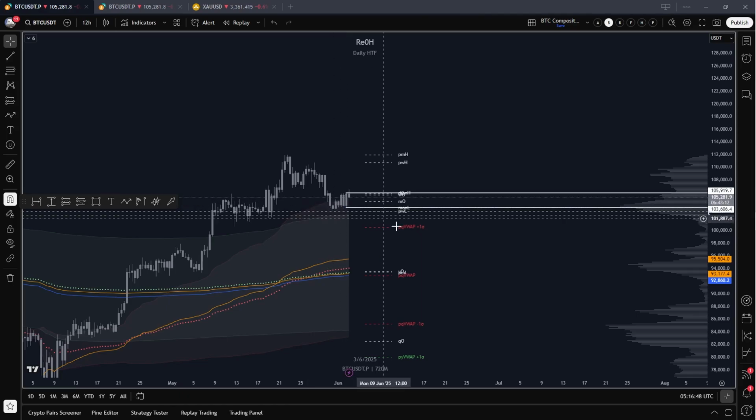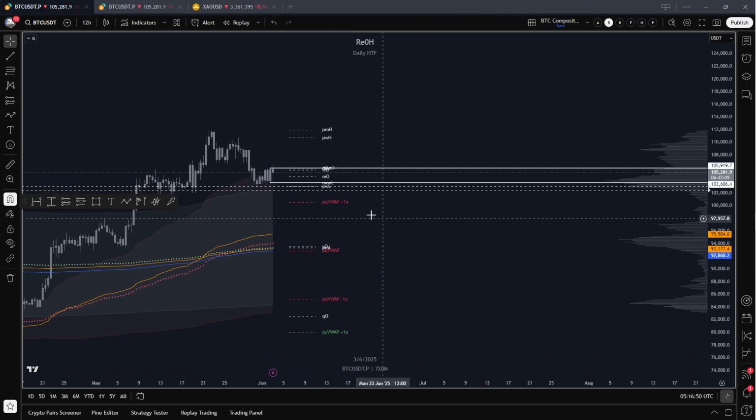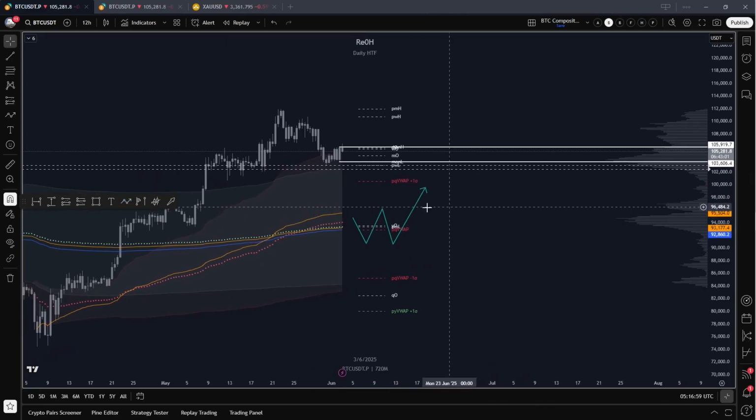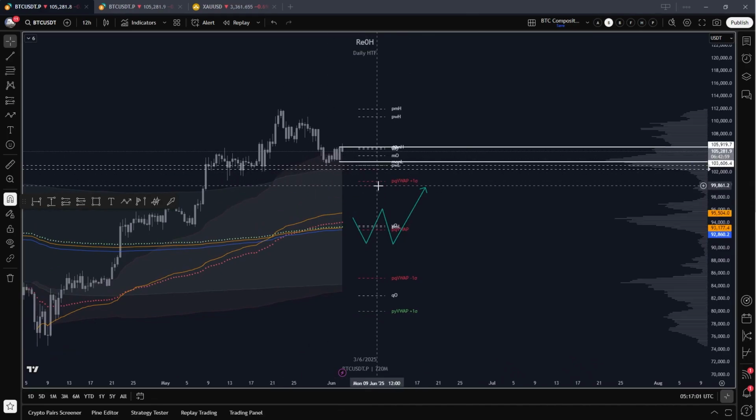Now we touch, and if we really fail, I'm expecting a rotation here, or at least some kind of reaction if we were to soar higher. But this is the extreme case that most people don't really expect, because we're still grinding in the 100K area, in this block.